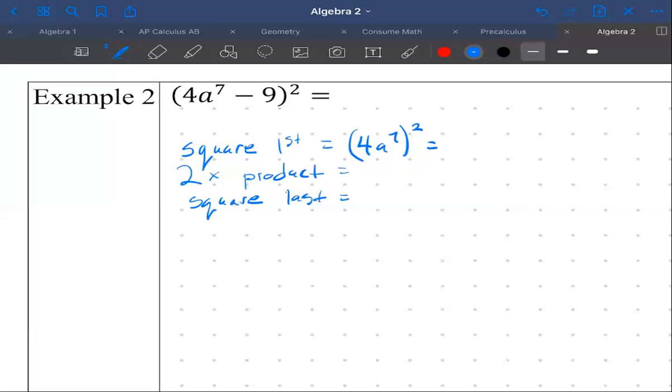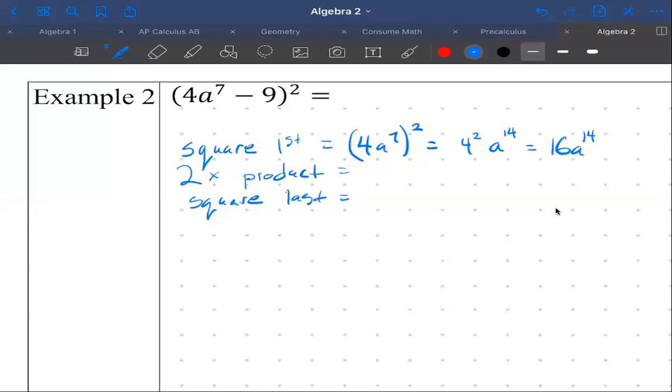Sergio, take it away. You do 7 times 2, which is a power of 14. Then 4 times 4 equals 16. So 16a to the power of 14. Yeah, you got it. Nice.